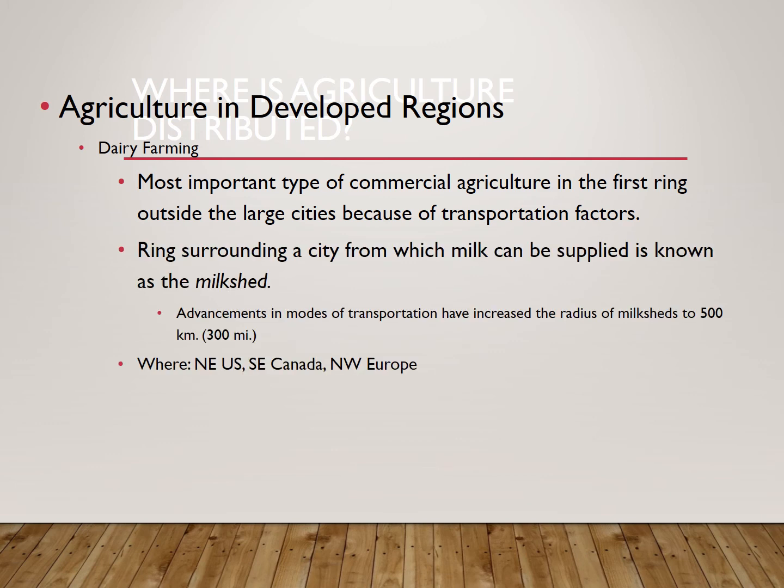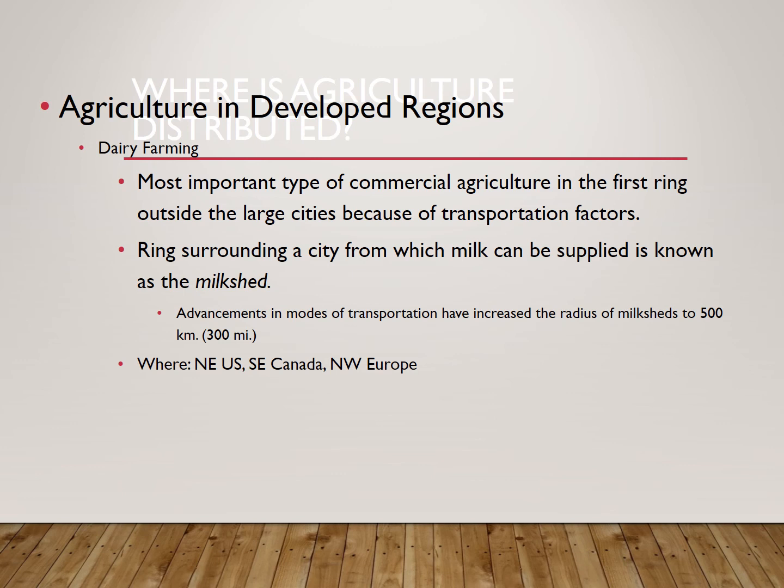That ring surrounding the city where you're going to have the milk farming, the dairy farming, that's called a milk shed. That's a term you should know. But you should also know that over the years, as technology has progressed, and we've got refrigerated trucks, and we've got interstate systems which make transportation much faster, the radius of the milk shed has increased a lot to 500 kilometers, 300 miles.